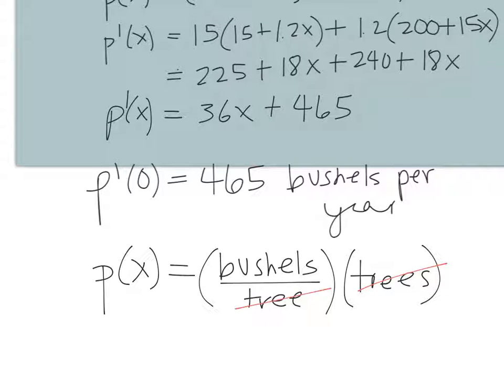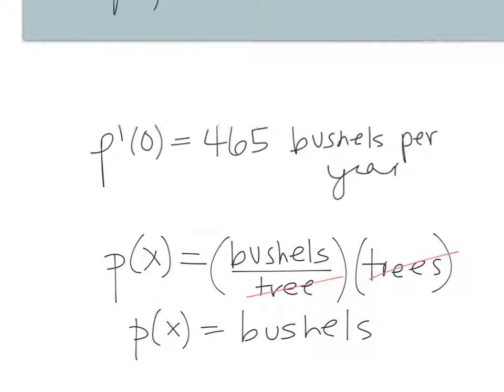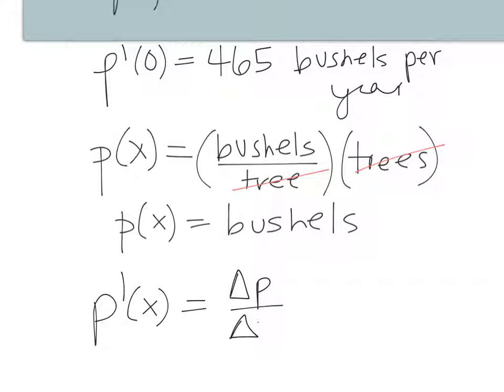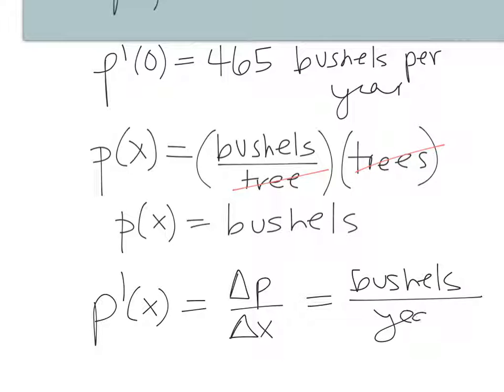It also makes sense because it's the total production, which would be measured in bushels. Then when I'm doing the derivative of that in terms of X, P prime, if I'm looking at the slope, it would be delta P over delta X. And X is years, so that's bushels per year. That's the thought process behind it.